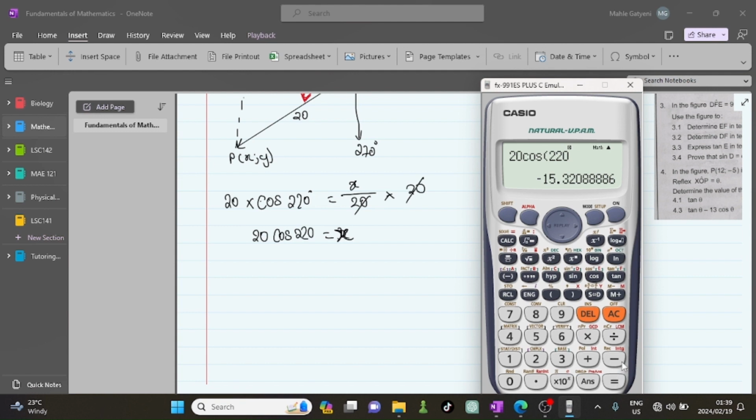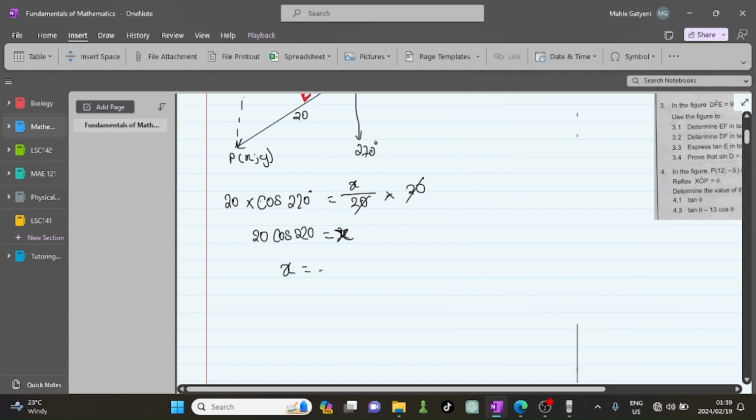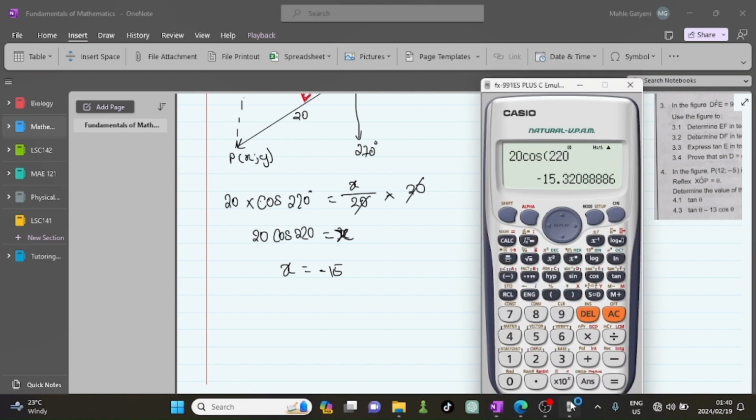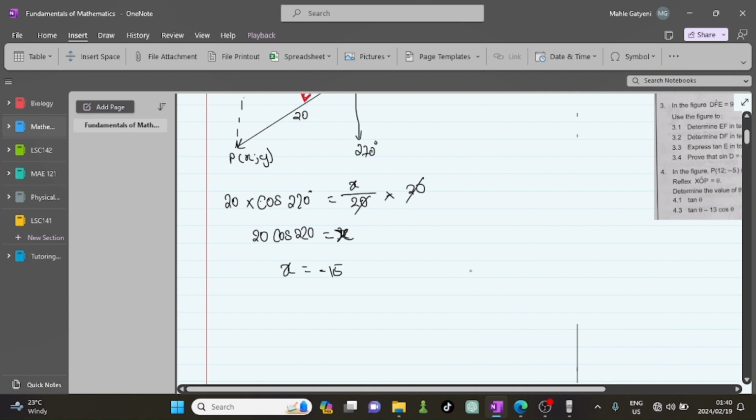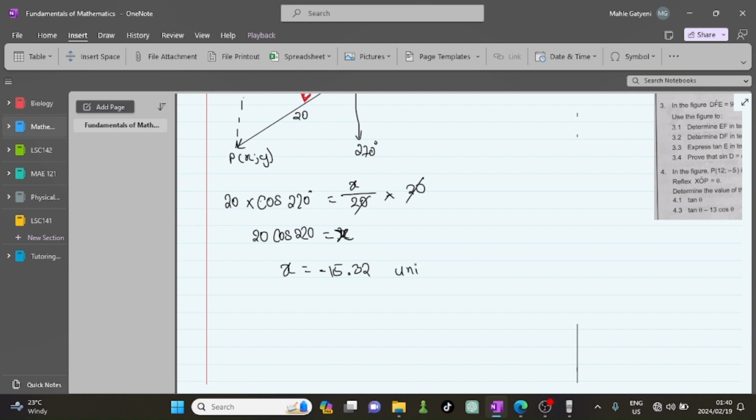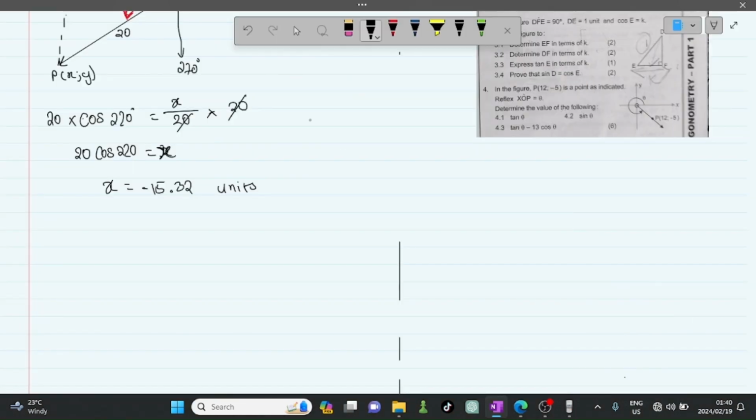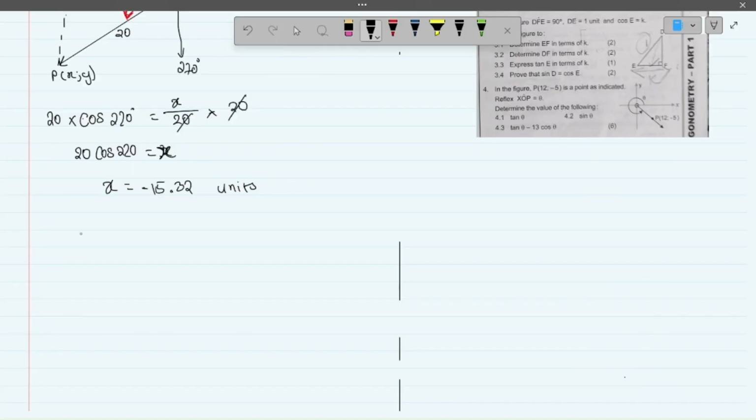The value of x is minus 15,32 units. So we have found the value of x, guys.